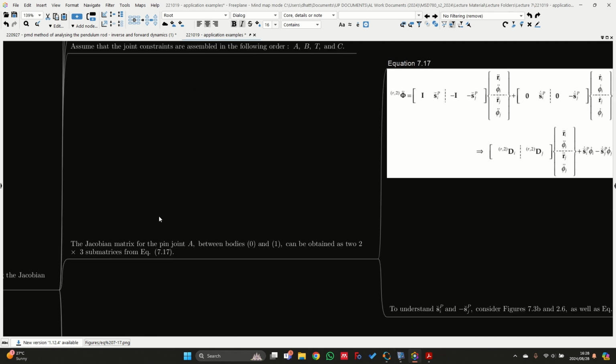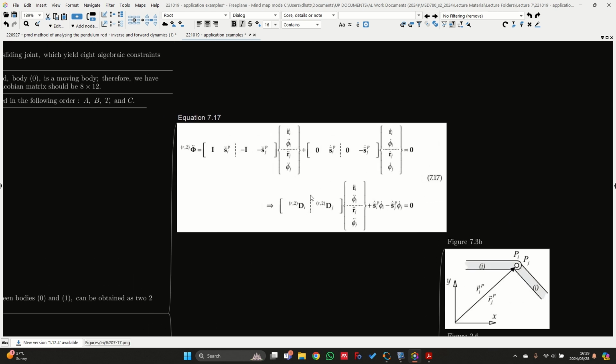So the Jacobian matrix for the pin joint A between bodies 0 and 1 can be obtained as two 2x3 submatrices from equation 7.17. This is the equation that we have over here. We specifically look at the revolute joint, which imposes 2 constraints.